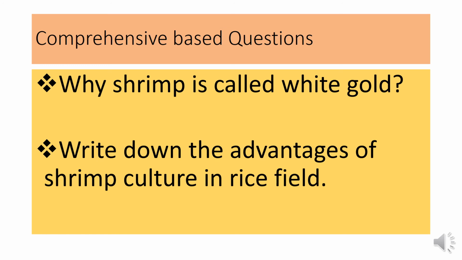Production cost is low but profit is very high. Growth of weeds is very low. Much capital is not required and it is less risky. There is no problem if supplementary food is not supplied to the shrimp. For all of these reasons, these are the advantages of shrimp culture with a rice field.